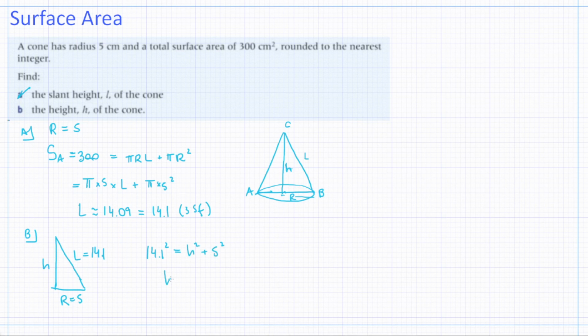Since we're looking for the height, height squared is equal to 14.1 squared minus 5 squared. So h would be the root of that, which is 13.2 up to 3 significant figures. There you go.